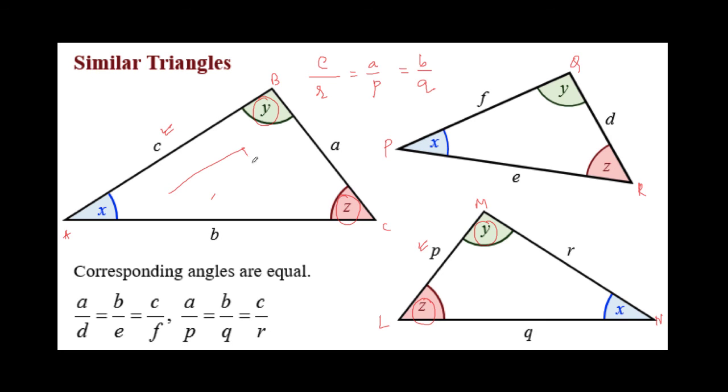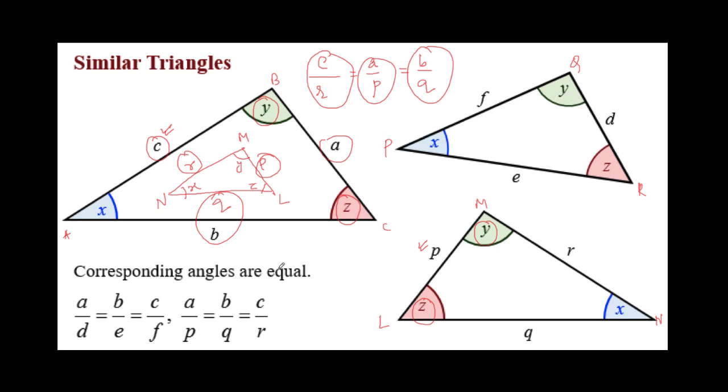So if I draw this triangle the other way around, as a rough sketch, angle Y is here, angle X here, and angle Z here. Angle X's vertex is N, angle Y's vertex is M, and angle Z's vertex is L. Then M and L give P, M and N give R, and N and L give Q. Now you can directly relate that C corresponds to R, which we have already seen, A corresponds to P, and B corresponds to Q. So we have to first check the orientation when checking for corresponding sides and angles.